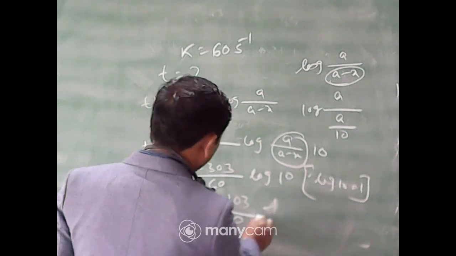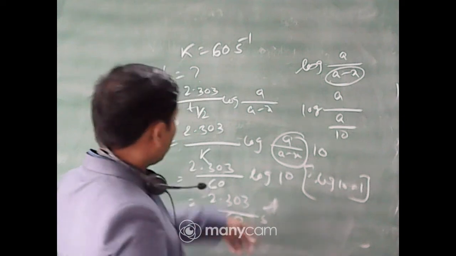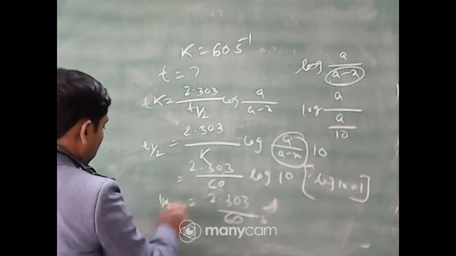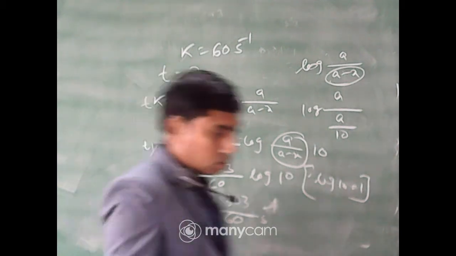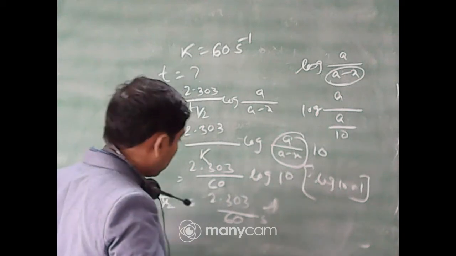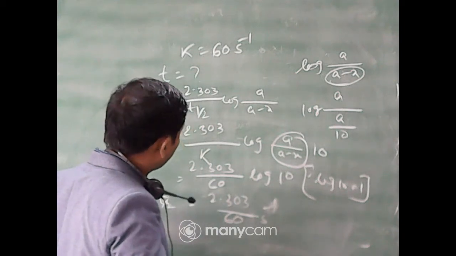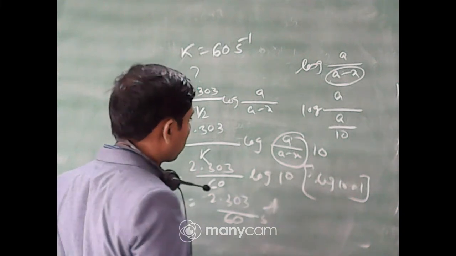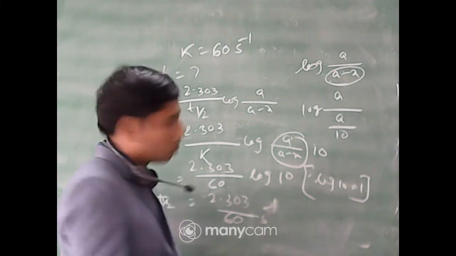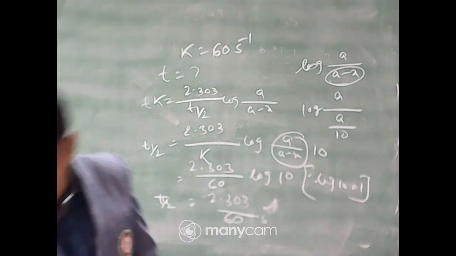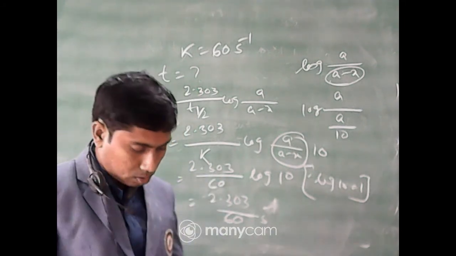Because it is second inverse, so when it would be lower, the unit will be in second. 1.7 into 10 to the power minus 2, there is no answer given.